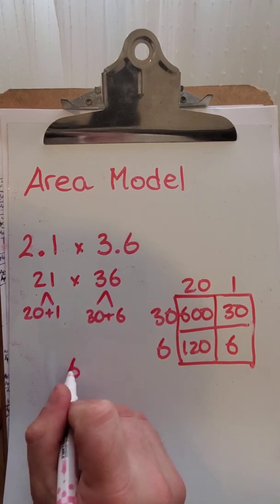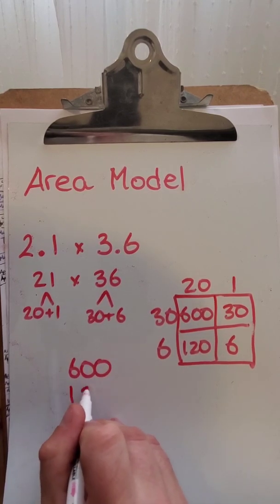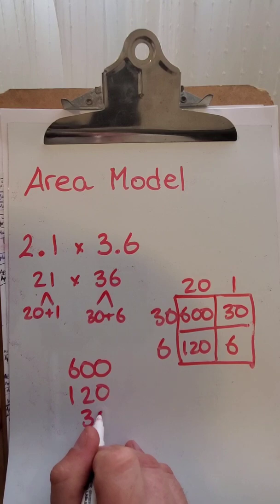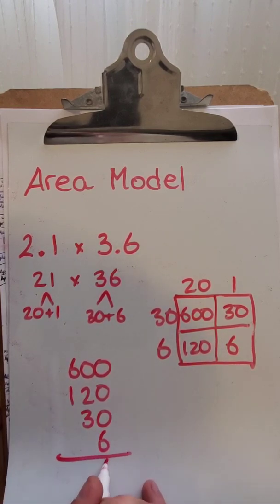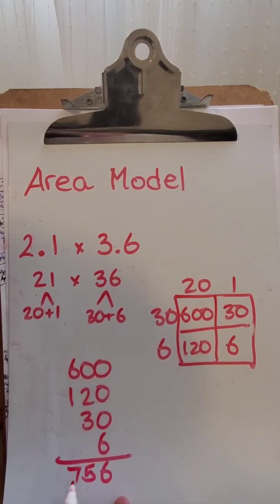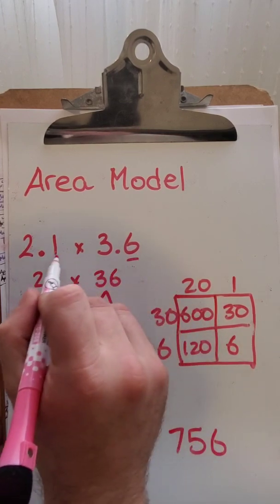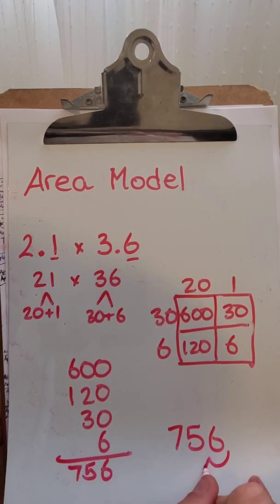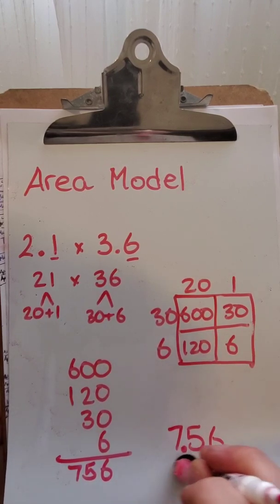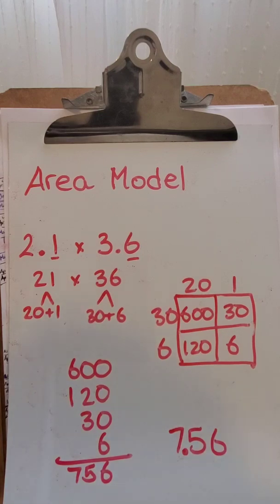Add. Replace the decimal. We're going to 1 position, 2 position. And there's my answer, 7.56. So really, it doesn't take very long at all to complete it by going through the steps.